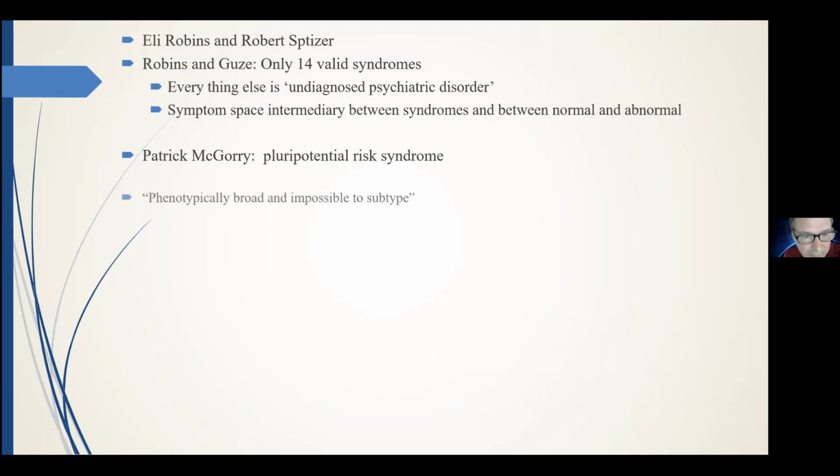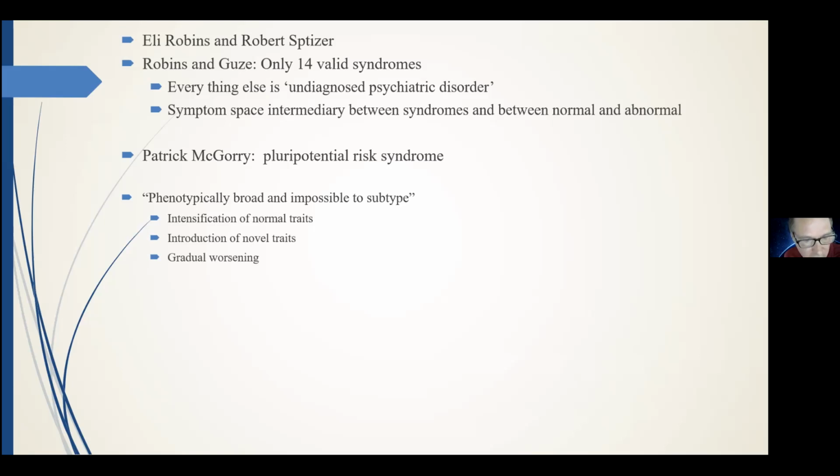And what he meant by this is, first of all, this thing is phenotypically broad and impossible to subtype. And it involves an intensification of normal traits like maybe increased worry or increased anger, the introduction of novel traits such as hypervigilance or delusional thinking, and a kind of gradual worsening.